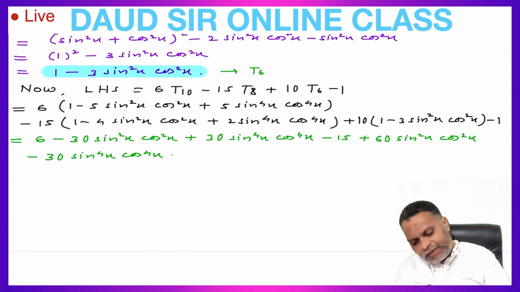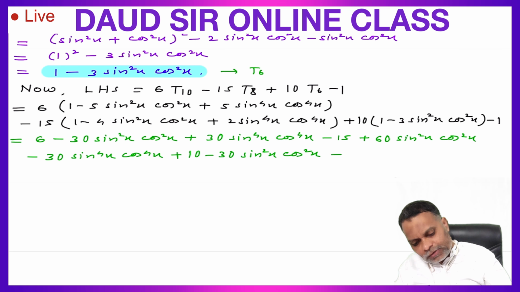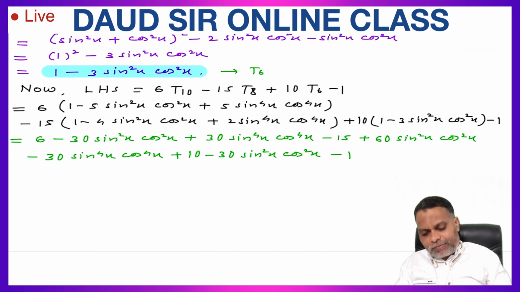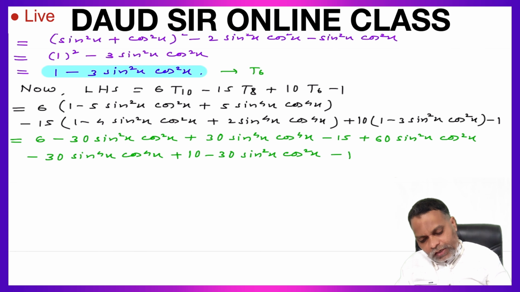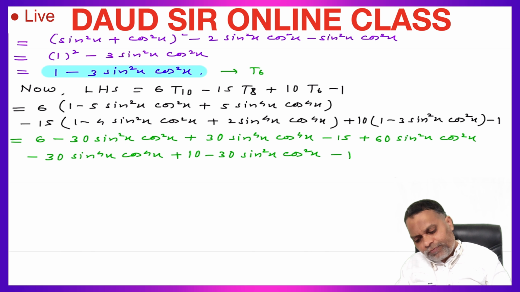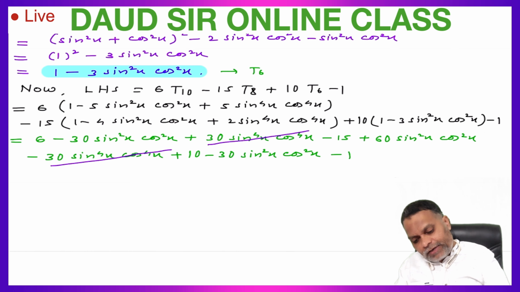And multiply by 10 here: plus 10 minus 10 threes are 30 sine square x cos square x, and this minus 1. Check which terms are getting cancelled. Positive and negative we can cancel. Plus 30 sine raised to 4x and minus 30 sine raised to 4x cos raised to 4x cancel. These terms we have to add.